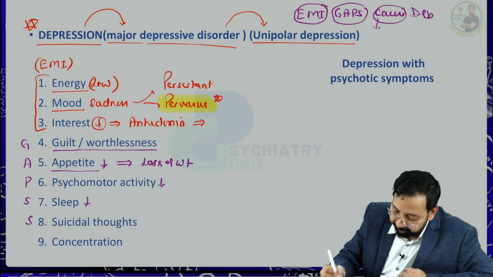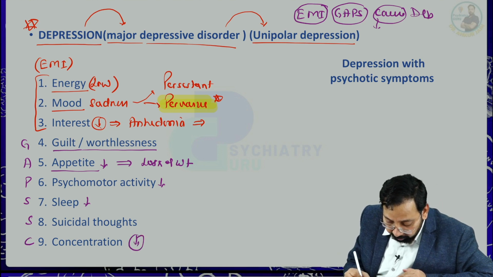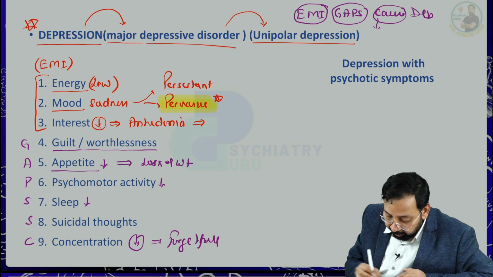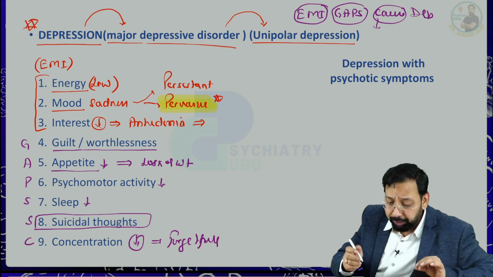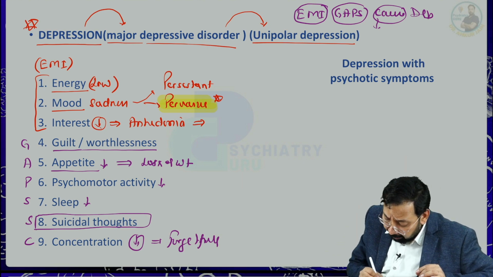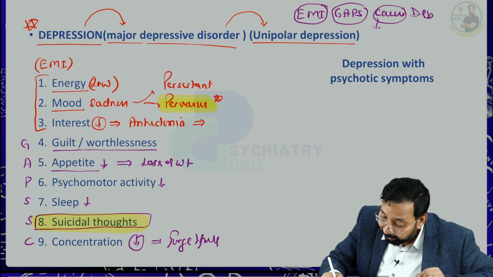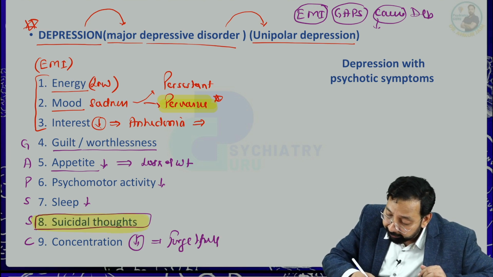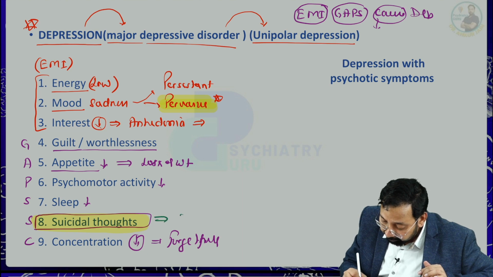C for concentration, decreased concentration. It may lead to forgetfulness. There may be suicidal thoughts. Point it out. In any question, if you find that depressive symptoms are there and suicidal thoughts are there, I highlight this, and without second thought, you will mark the answer that this is severe depression.